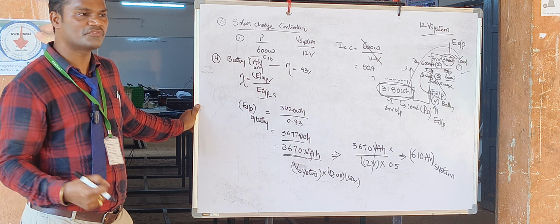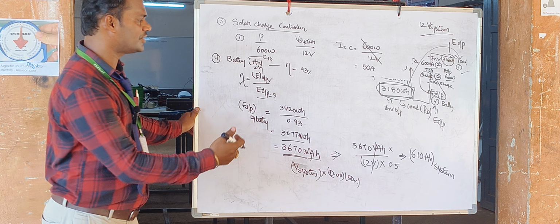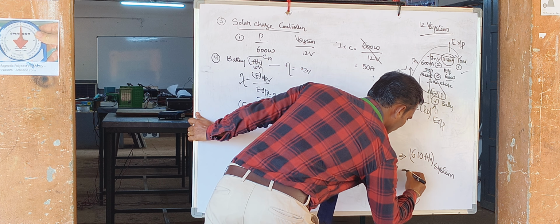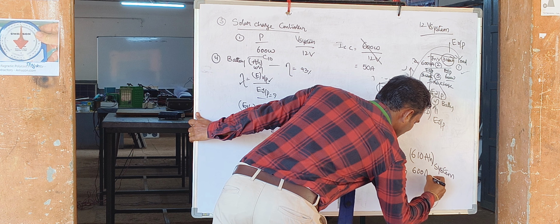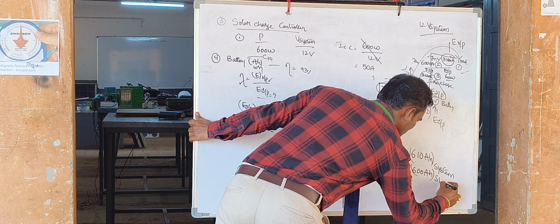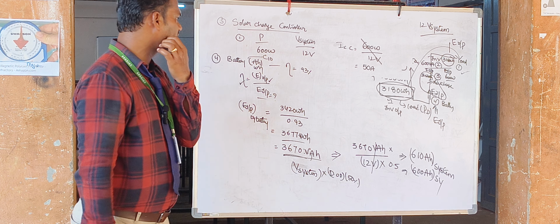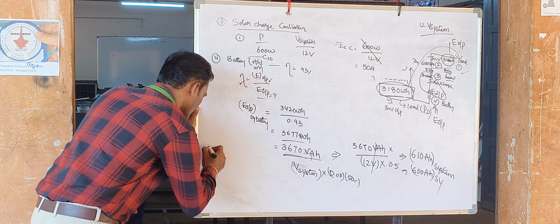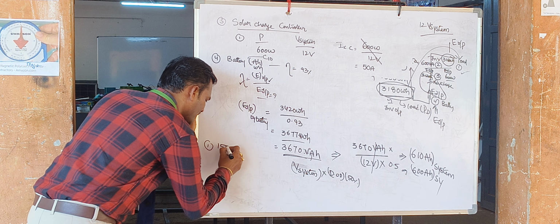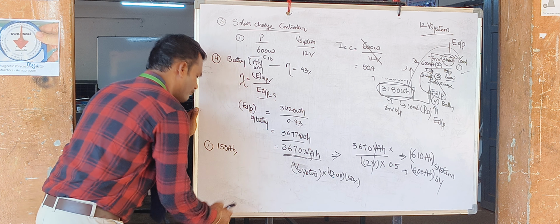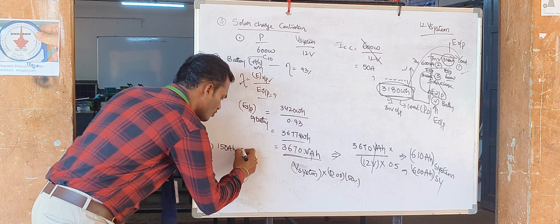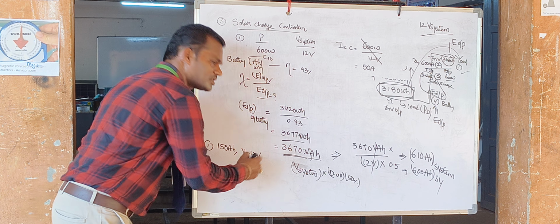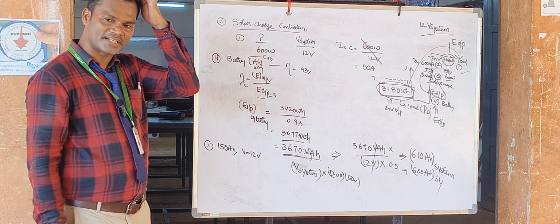Then how many batteries do we need to purchase? Let us round it off, and I'm writing this as 600 Ah is the system Ah. Now let us take what is available in the market. A 150 Ah battery with a system voltage of how much? 12 volts is available. Then how many batteries do we have to connect?